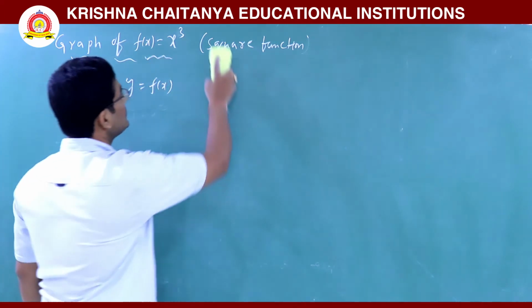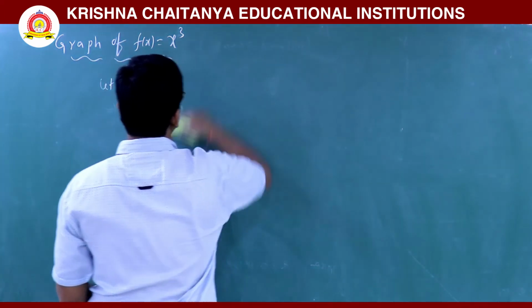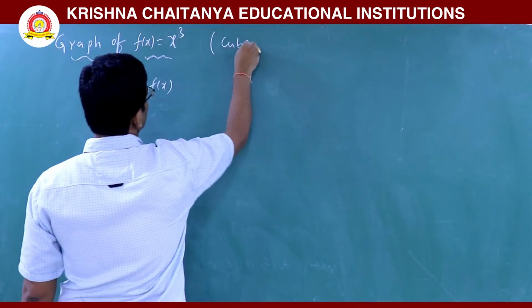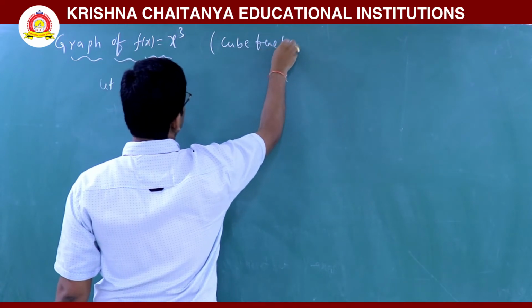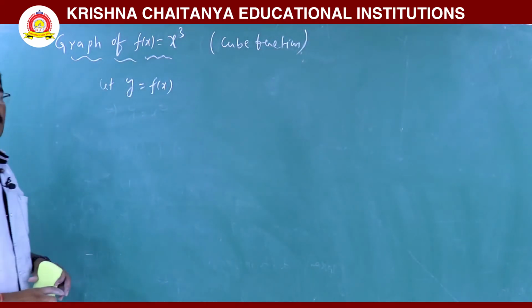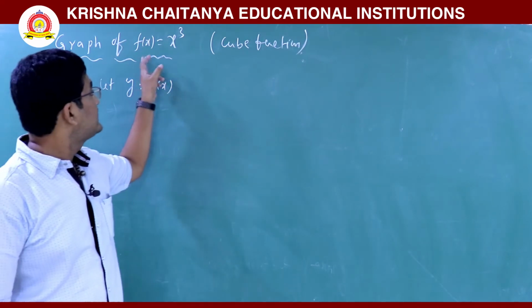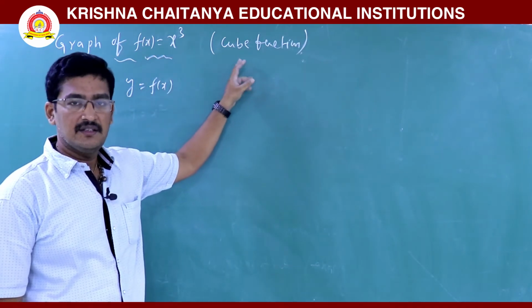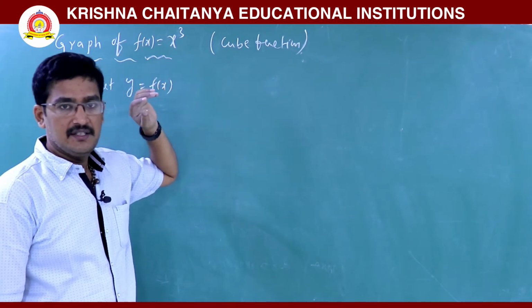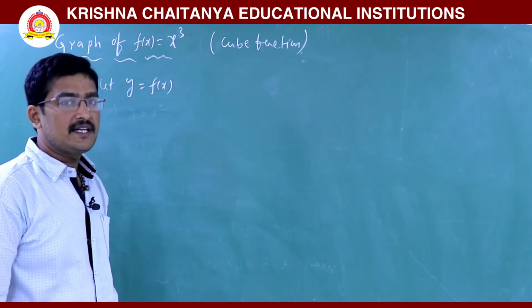This is called the cube function. What about the previous graph? That is f of x equal to x square, the square function. What about the first one? f of x equal to x, that is y equal to x, the identity function.